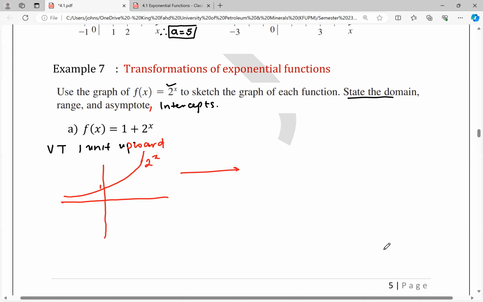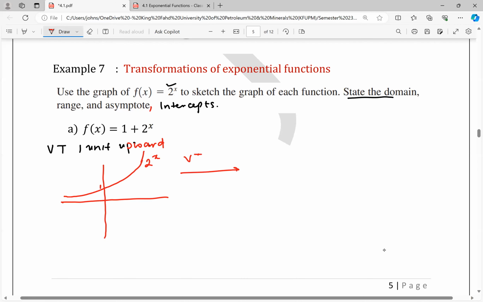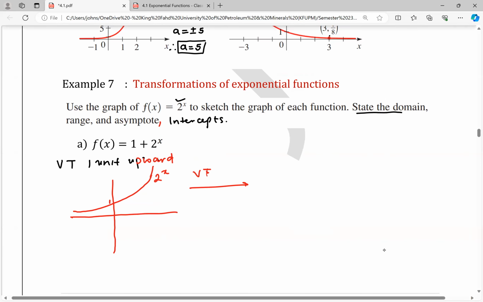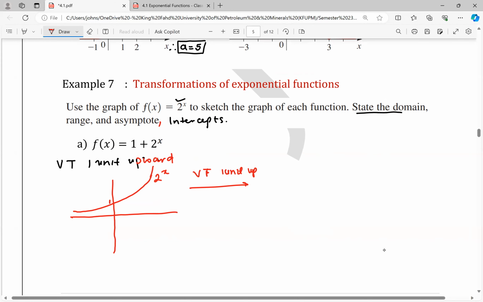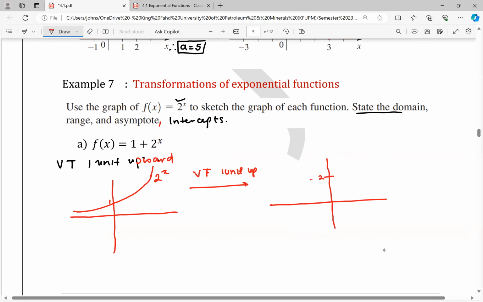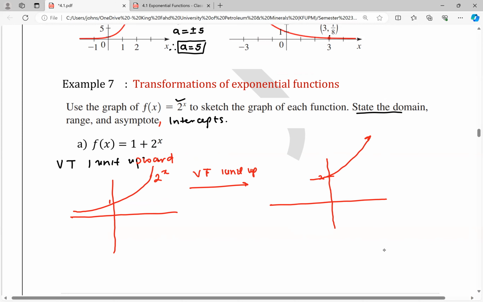And so if you do one vertical translation, 1 unit up, what does that mean? It means the y value will change, right? So instead of cutting at 1, it's going to cut at 2. So it will keep going.